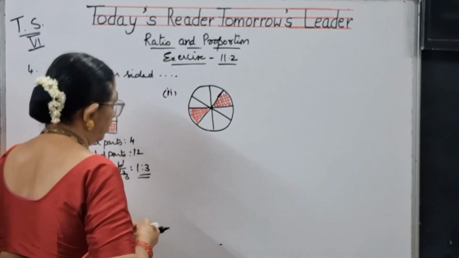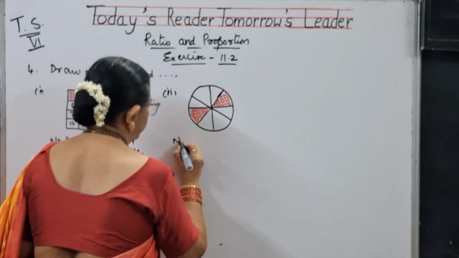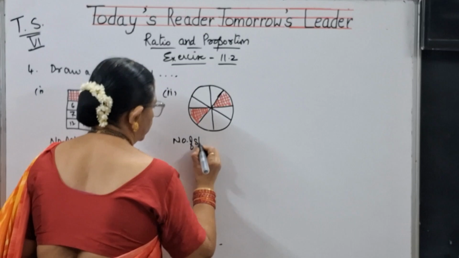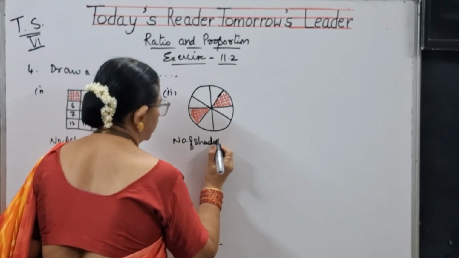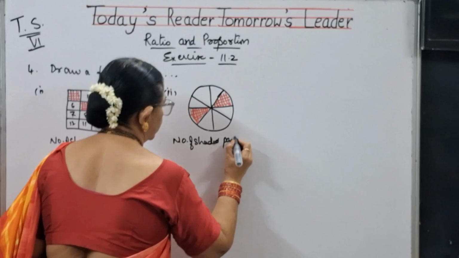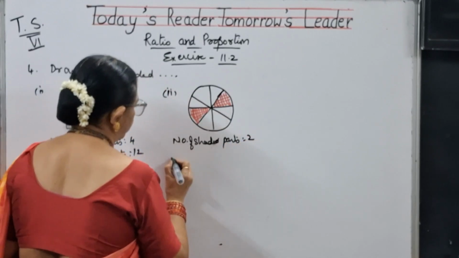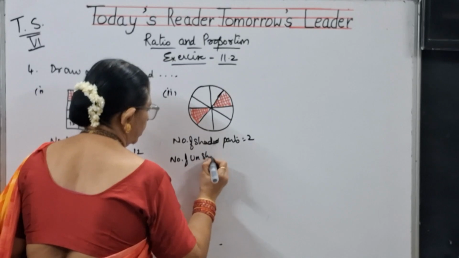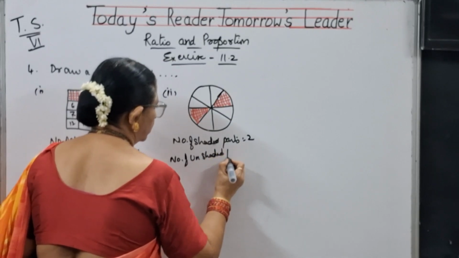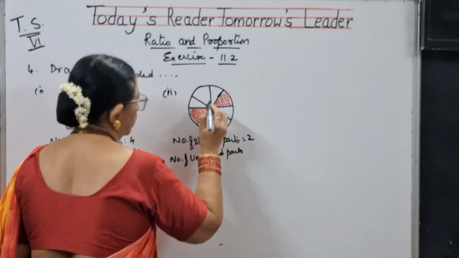So here number of shaded parts is equal to 2. Number of unshaded parts. Let me count.